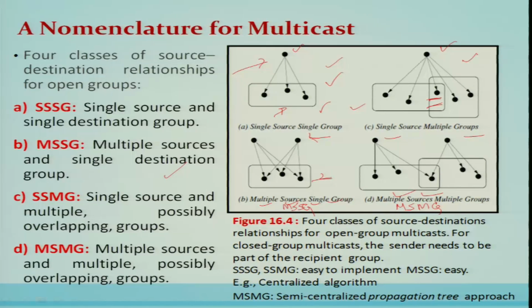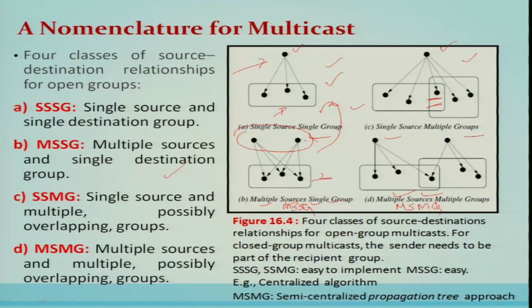This also can be handled using the centralized approach, and MSSG can also be handled through that approach. Why? Because these two senders are there and they can be converted into a single source single group communication.